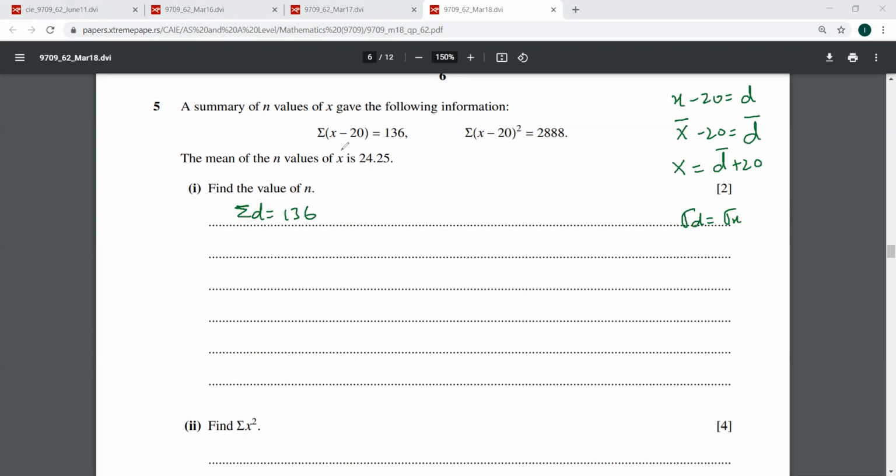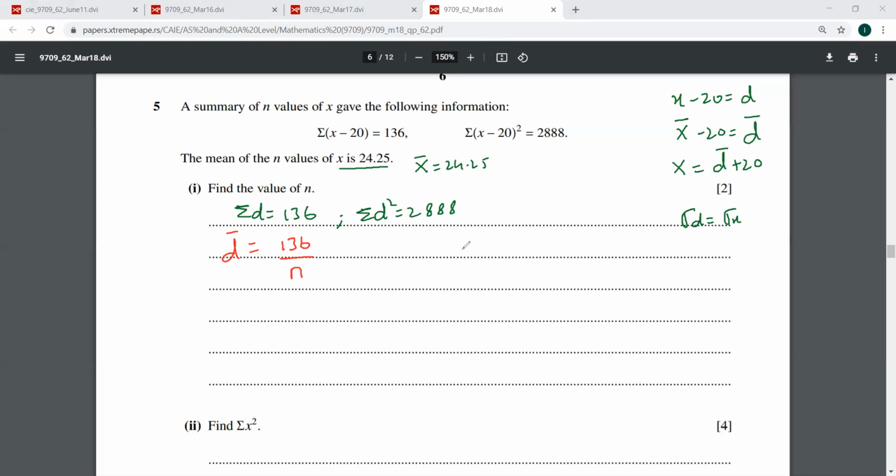Now we have sigma d equal to 136 and sigma d square equal to 2888, and it says find the value of n. We're given that the original mean is 24.25. Let's find this coded mean here, that is going to be 136 over n. N is not given to us.